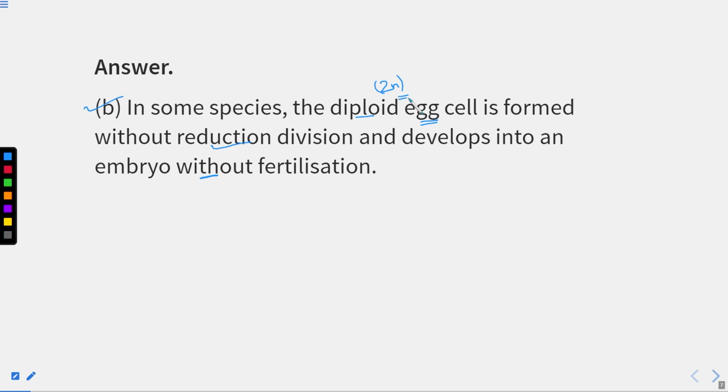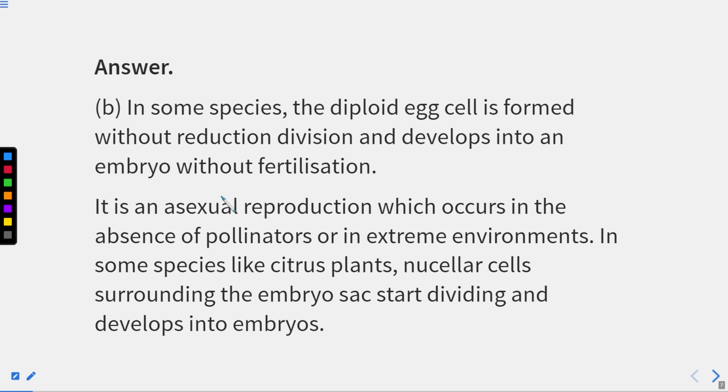This diploid egg is formed without the reductional division, meaning there is no meiosis. Directly from the egg cell, the embryo develops and there is no fertilization. So it is an asexual process, which happens in the absence of pollinators or in extreme environments.